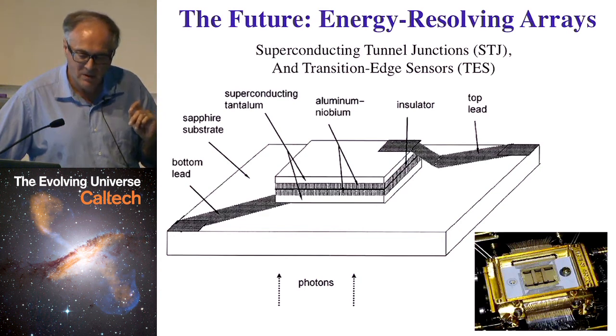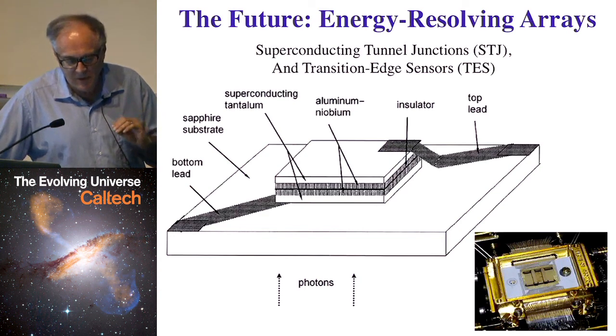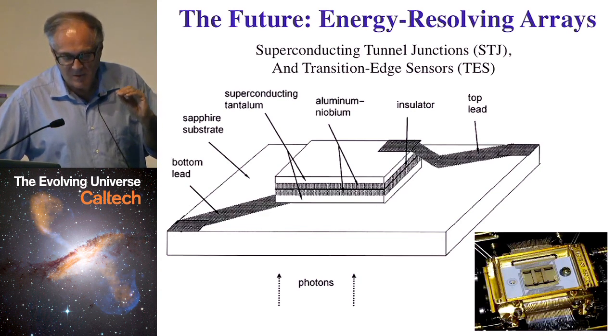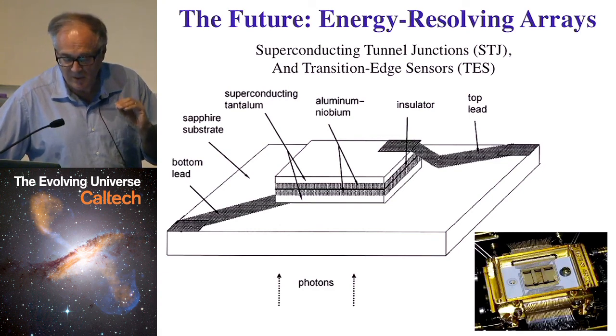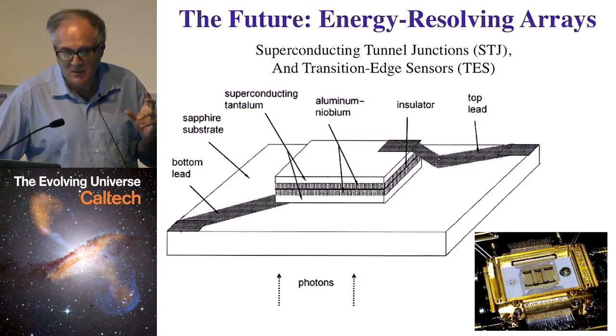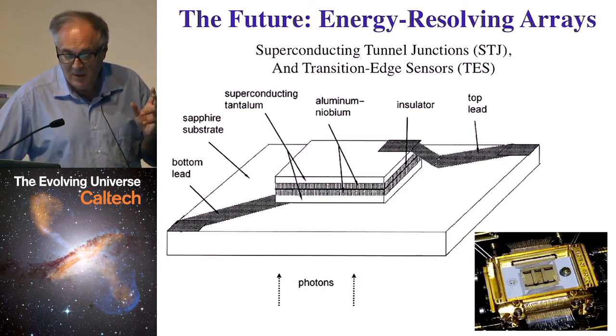Some of them operate on the principle of lifting the temperature of the substrate just above the critical, so it's no longer conducting. Others break Cooper pairs, but they're the most sensitive devices we have, and they provide some energy resolution for each incoming photon. So that's the ideal detector.